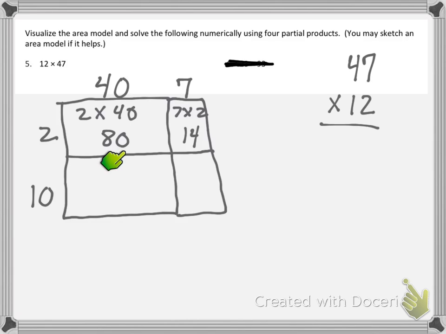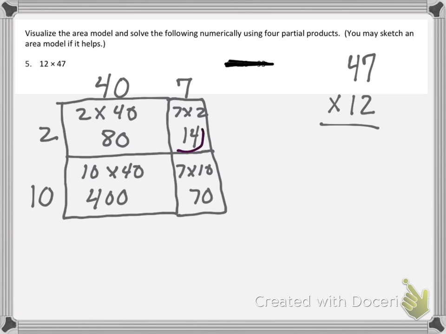And the next one, we're getting 7 times 10. 7 times 10 is 70. And then now let's finish it. 10 times 40. 10 times 40 is 400.